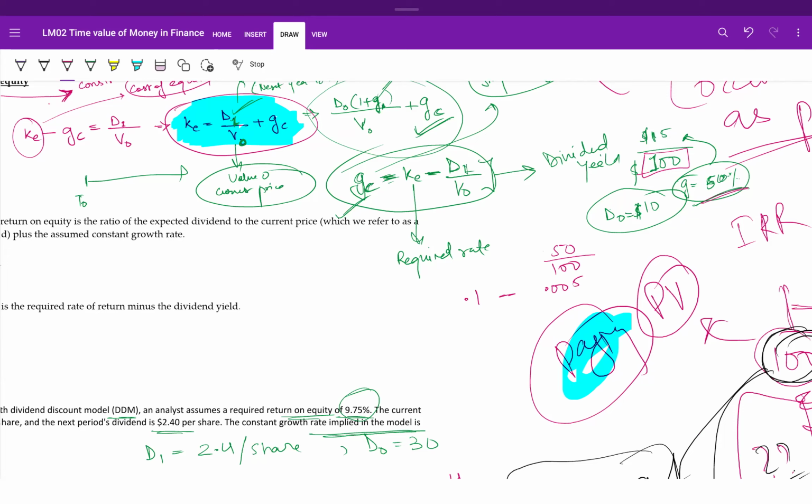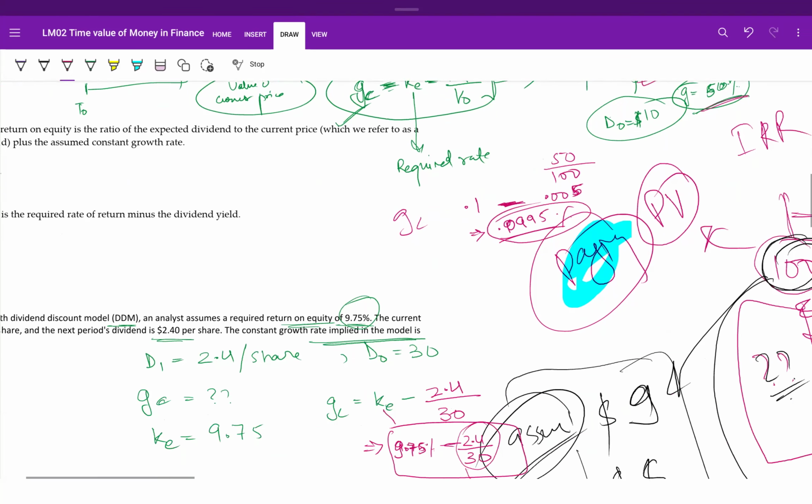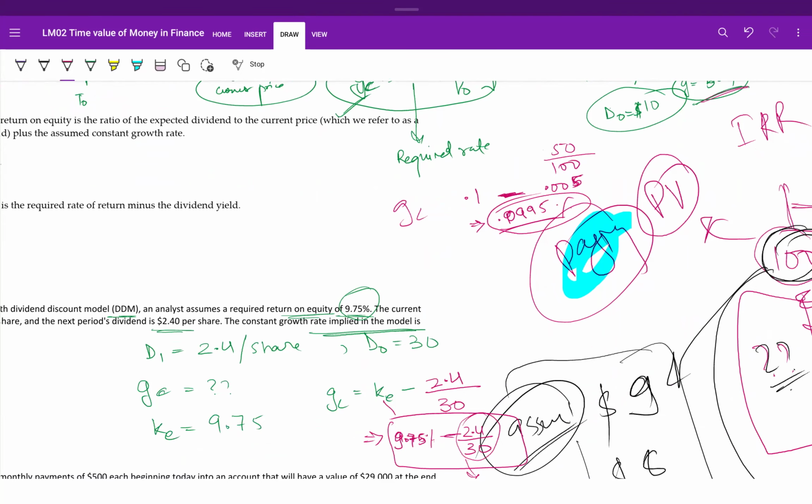If you look at the growth constant here, the company is growing at a constant rate of roughly 0.995, maybe 9.95%.